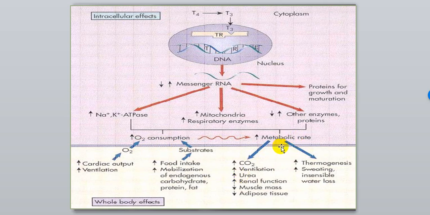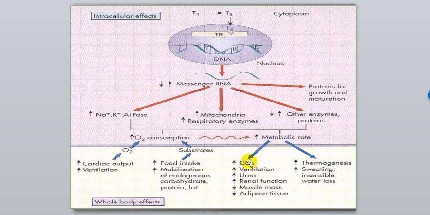In addition to that, the increase of respiratory enzymes or mitochondria or the effect of protein enzymes, all these lead to an increase in the metabolic rate. So T4 and T3 increase the metabolic rate, and this effect leads to increased carbon dioxide, increased ventilation, increased urea, renal function, muscle mass, and adipose tissue, or the decrease of muscle mass and adipose tissue.